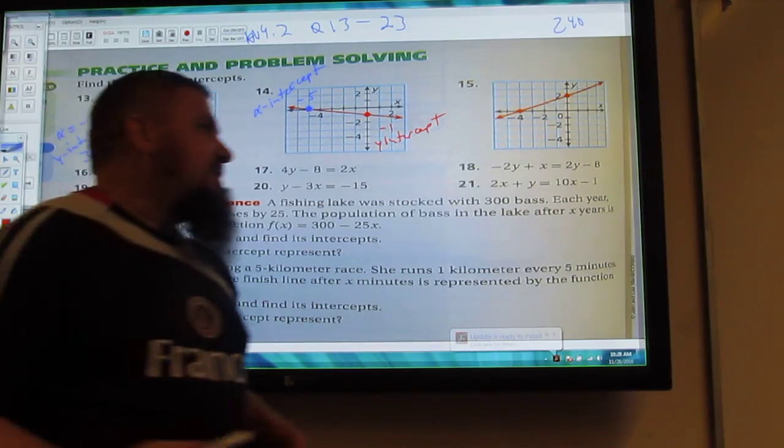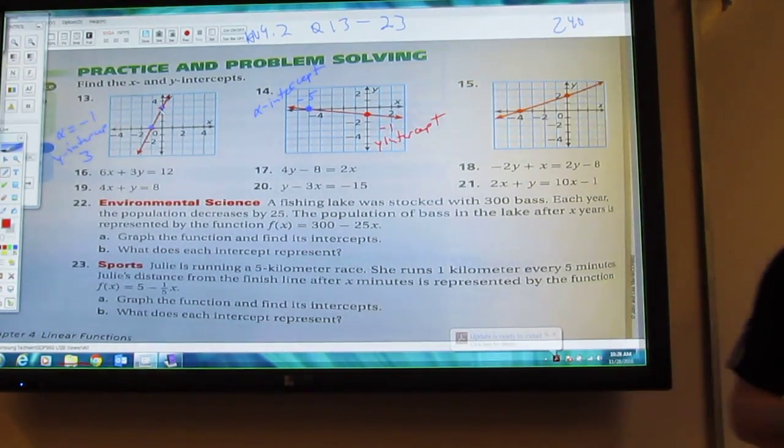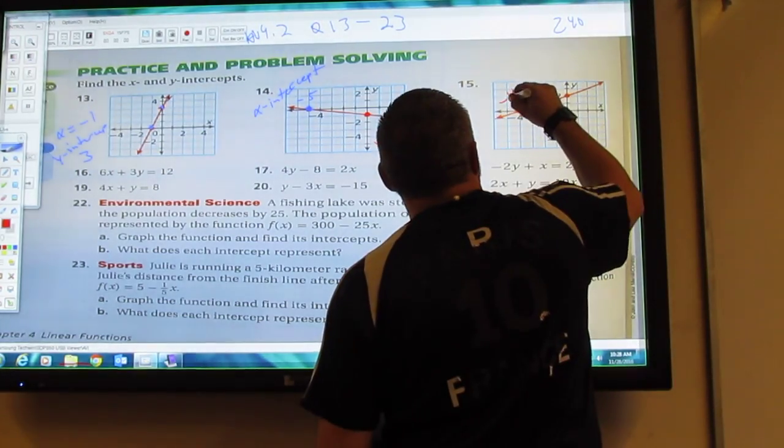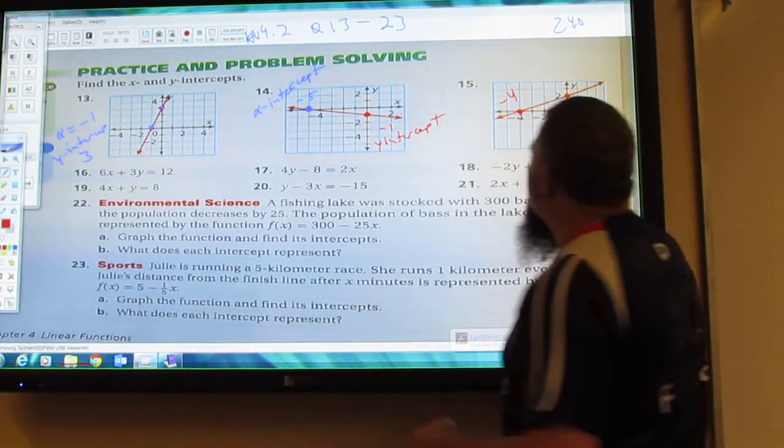15. Marcus, where is the x-intercept? Kevin, x-intercept. -4. Okay?